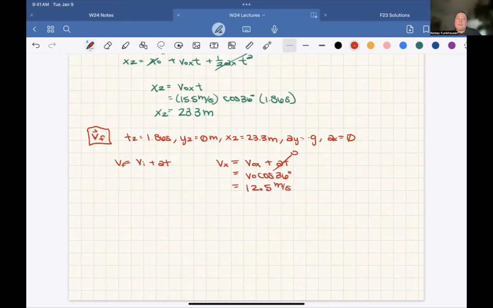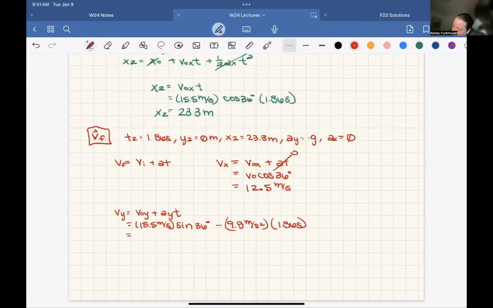And then in the y direction, we have v_y equals v naught y plus a_y t. And none of those are zeros, so we have to plug stuff in. 15.5 meters per second sine of 36 degrees minus 9.8 meters per second squared times 1.86 seconds.